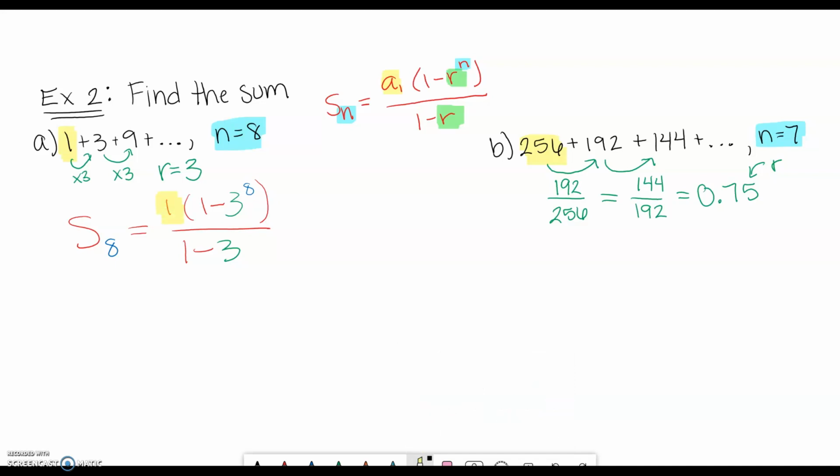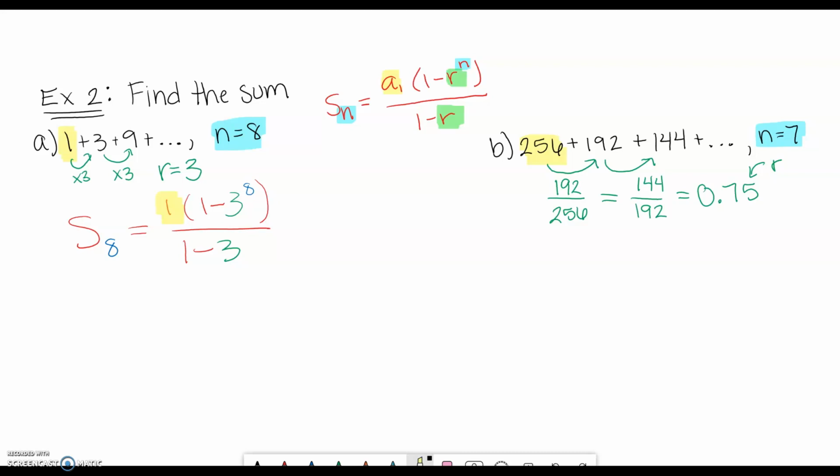So now you go ahead and simplify it. So you would do 3 to the 8th power first, and then 1 minus that, times 1 divided by -2. My suggestion is plugging this all into your calculator with the parentheses and everything.